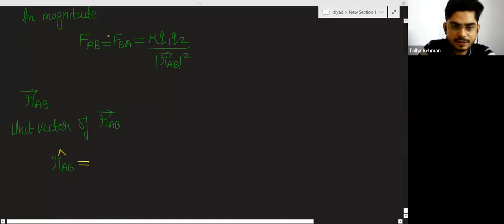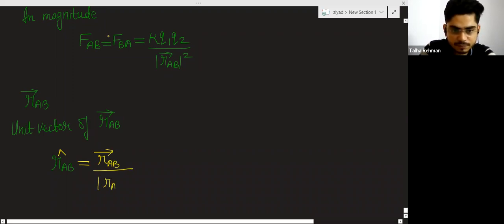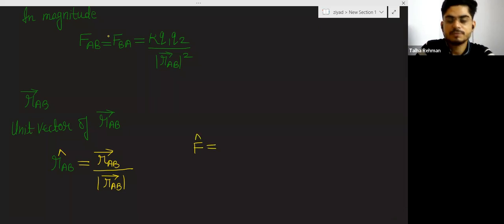So you can write the unit vector as the RAB vector divided by the magnitude of the RAB vector. We have discussed this. Similarly, if I want to write the unit vector of the force vector, then I will write the force vector divided by the magnitude of the force vector.